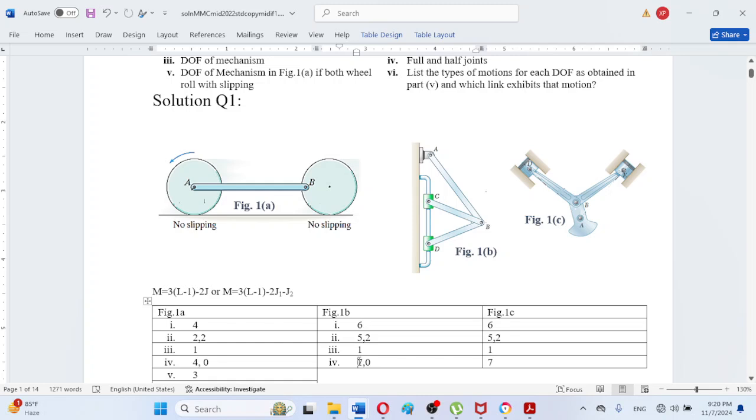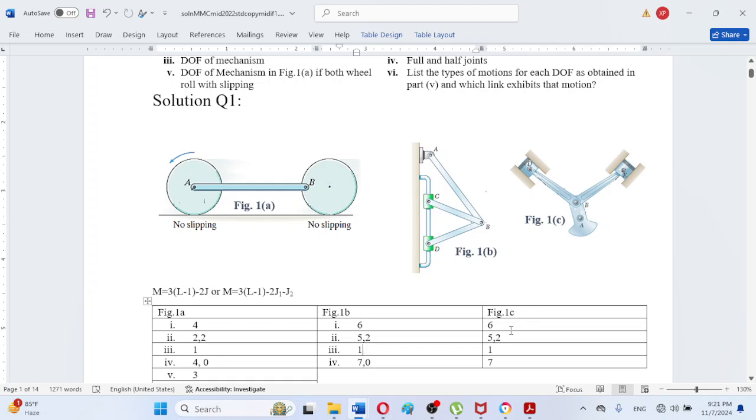There are 7 full joints, because 5 revolute and 2 prismatic, their sum is equal to 7. So they will remove 14 DOF, because there is no half joint. So 15 DOF is available and 14 DOF is removed, so the DOF of the mechanism is 1.